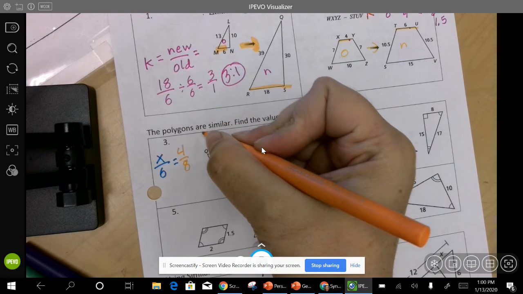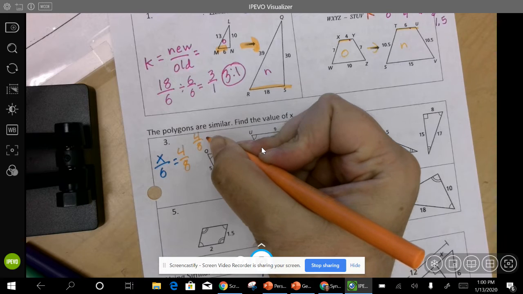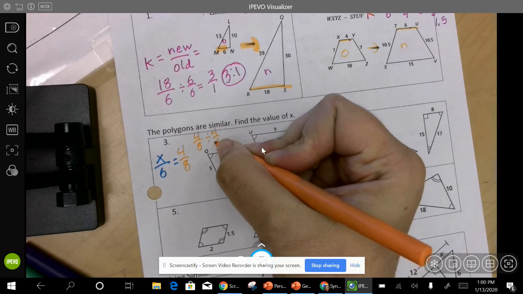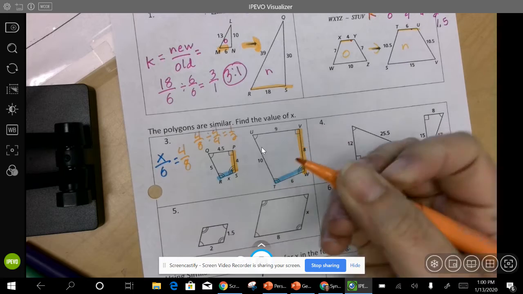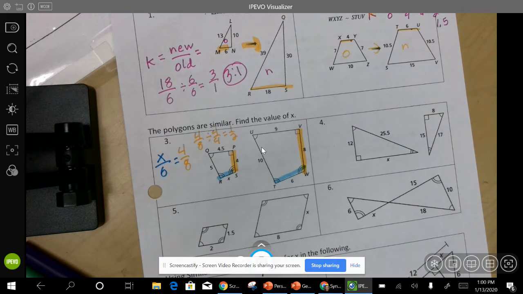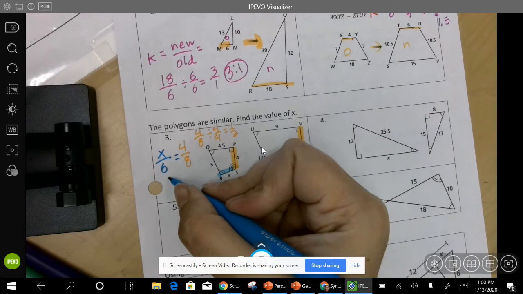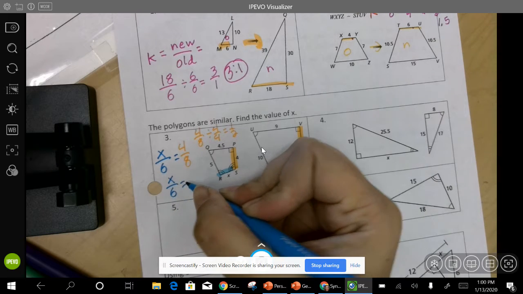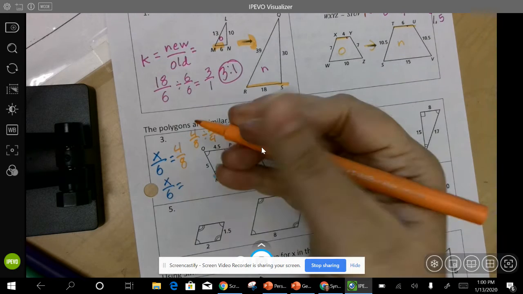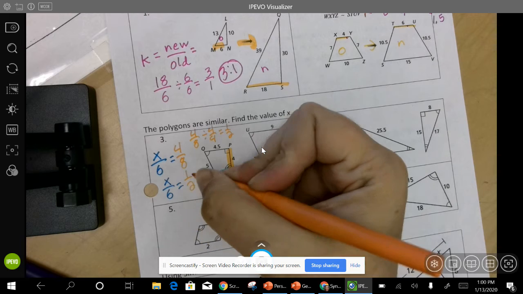With 4 over 8, everybody, we can actually simplify 4 over 8, divide both of them by 4, to 1/2. So if you want to do that, you can do it that way, and then cross multiply and divide. So just remember that's always an option if you're able to simplify it, but you don't have to.